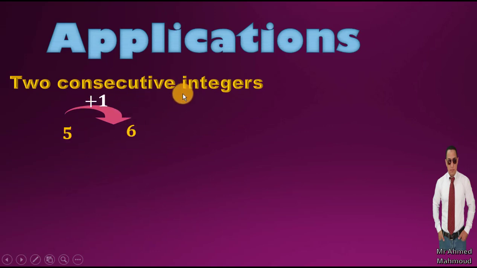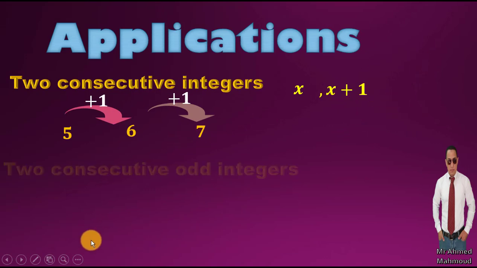If I add 1 to 6, it will be 7. 5, 6, and 7 are consecutive integers after each other. Okay, what if the first number is x? So the second number is x plus 1, and the third number x plus 2, and so on.